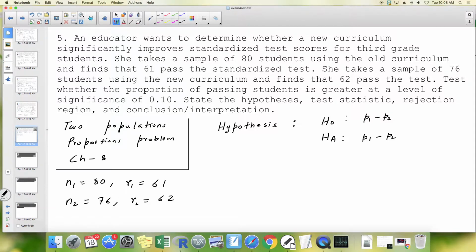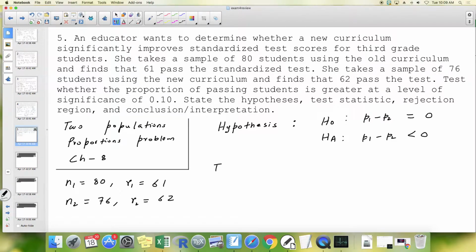So for group 2, P2 should be higher. We are looking at proportions of students which passed. The new curriculum should be improving the scores, which means more should pass the test. So P2 should be bigger, which means this should be negative, and this 0.